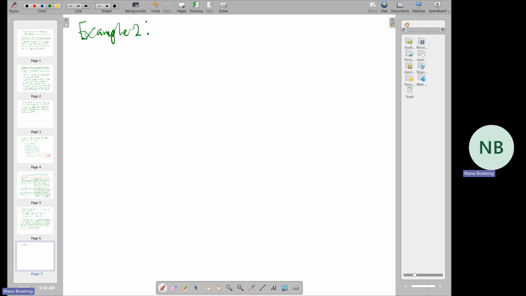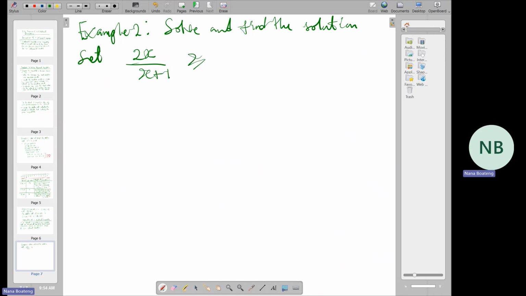It says solve this inequality and find the solution set: 2x divided by x plus 1 is greater than or equal to 1.